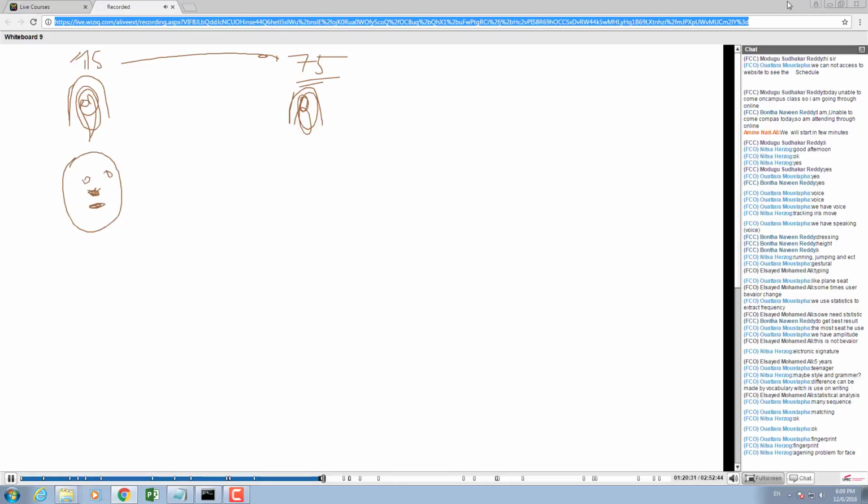Now, for the faces, it's not really permanent for many reasons. Nita said for the aging problem, the same person can have different faces.